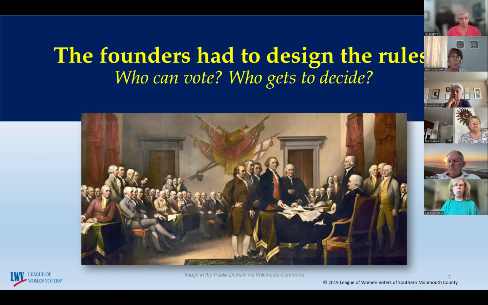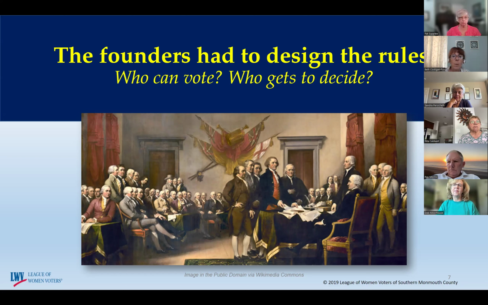After all, they had just gotten rid of King George III, so they had to figure out something new. A constitution was needed to clarify the roles of the central government and the states.